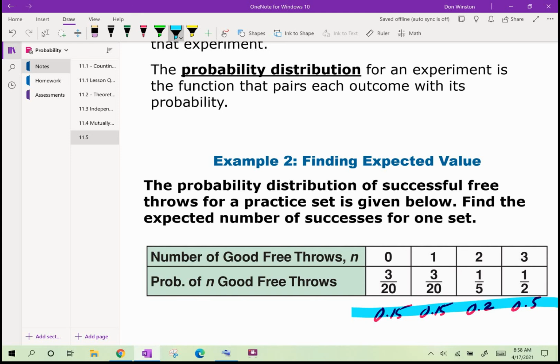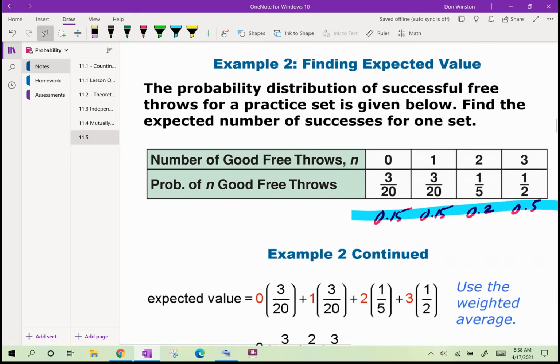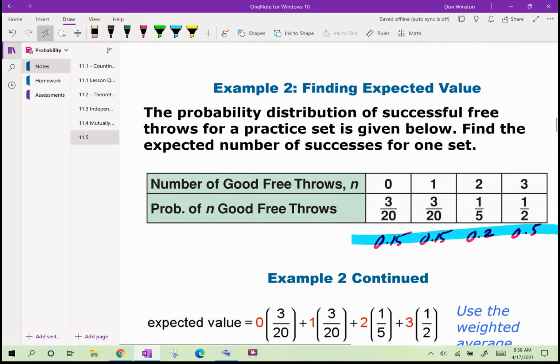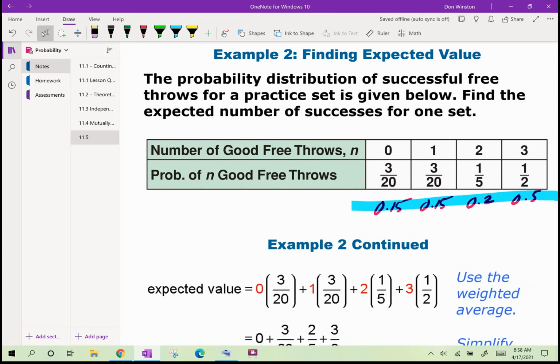Okay, so how would we find the expected value then? What would be the expected number of free throws in a given data set? Well, we have to take each outcome, 0, for example, and multiply it by its probability. Each outcome, 1, and multiply it by its probability. Each outcome, 2, and multiply it by its probability. Each outcome, 3, and multiply it by its probability.